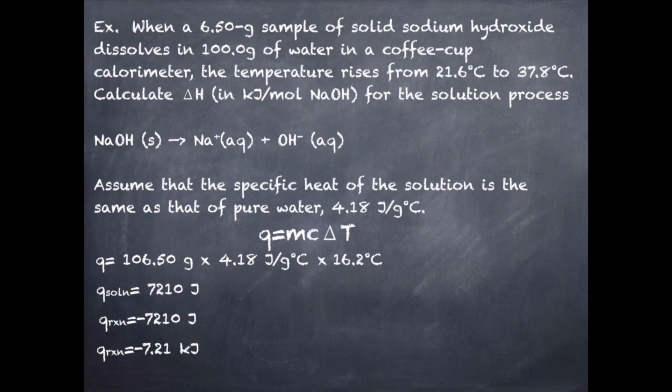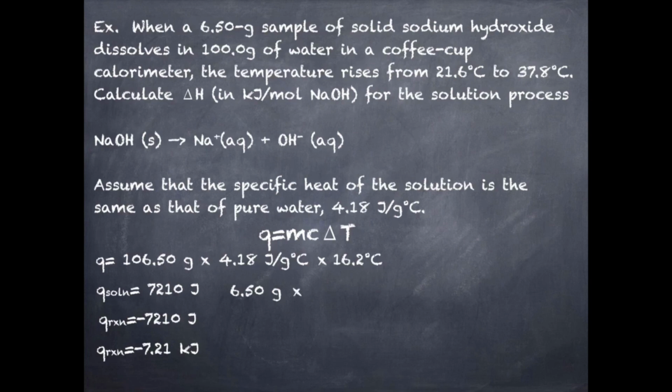And now what I need to do is get into kilojoules per mole. Well, I can say, all right, negative 7.21 kilojoules is released when 6.50 grams of sodium hydroxide is dissolved. I want to figure out per mole. And so I'm going to convert that 6.50 grams into moles.